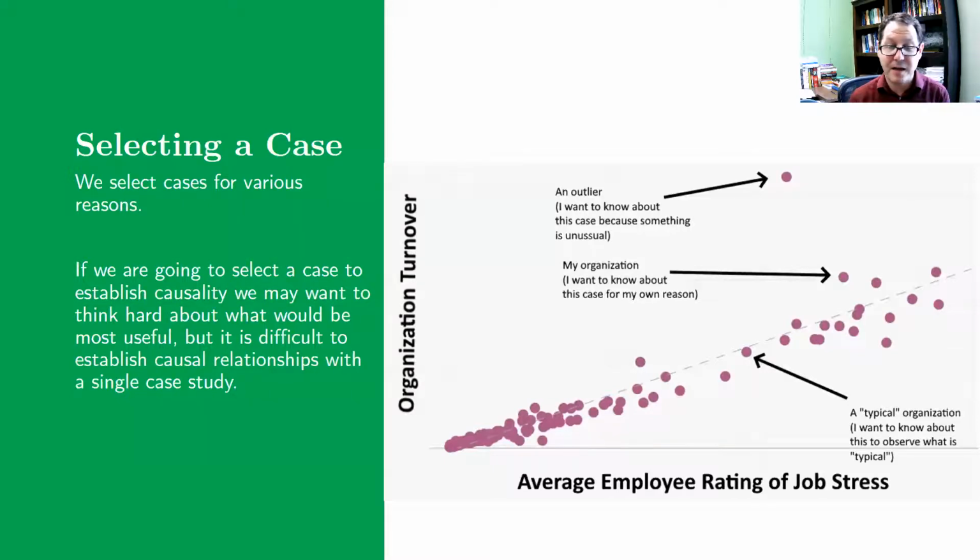In fact, I've got an arrow pointing to a typical organization. And maybe if I was just trying to understand what that process looks like of stress and turnover, maybe I would go to a typical organization, one that's smack dab on that line, and study that to see how that plays out. And presumably there are people in that organization who are thinking about leaving. I could talk to them about their stress level, if that's a factor, and maybe that would be a way to analyze that question.